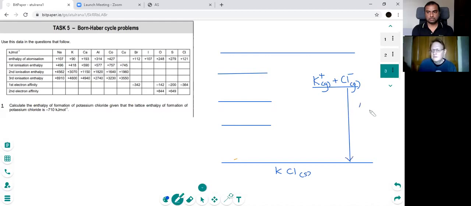And that's the lattice enthalpy, and that's minus 710 kilojoules per mole.